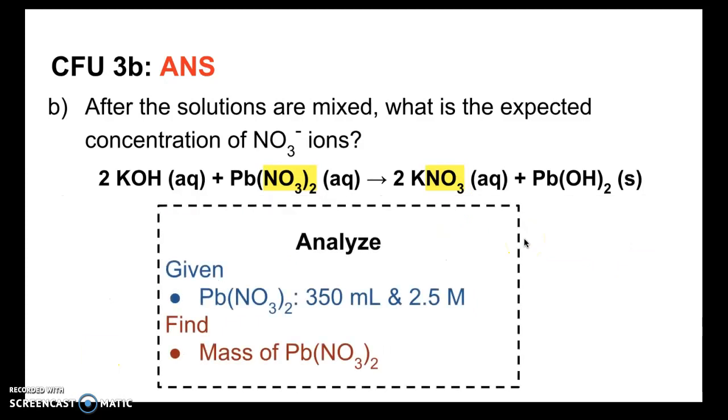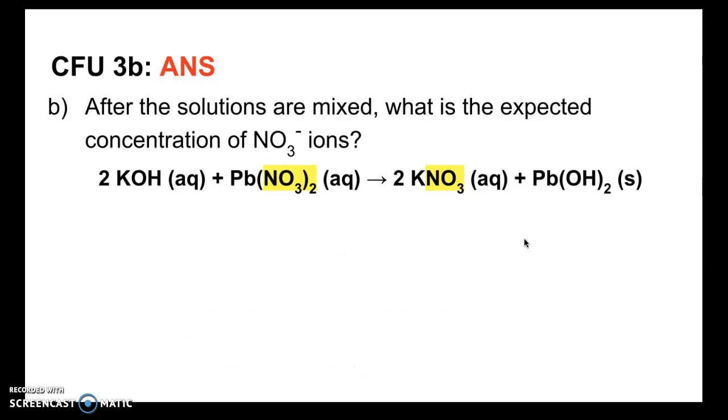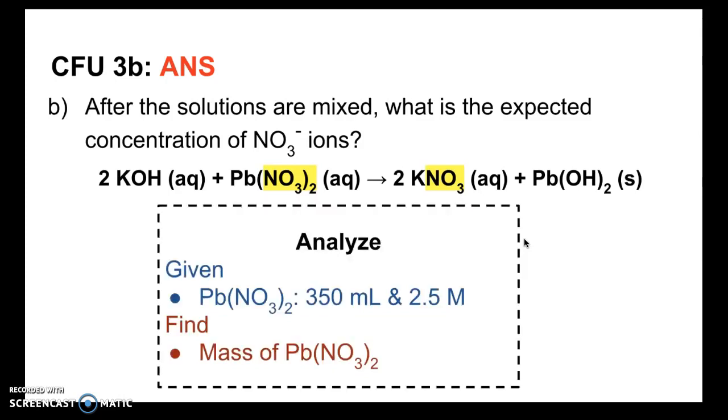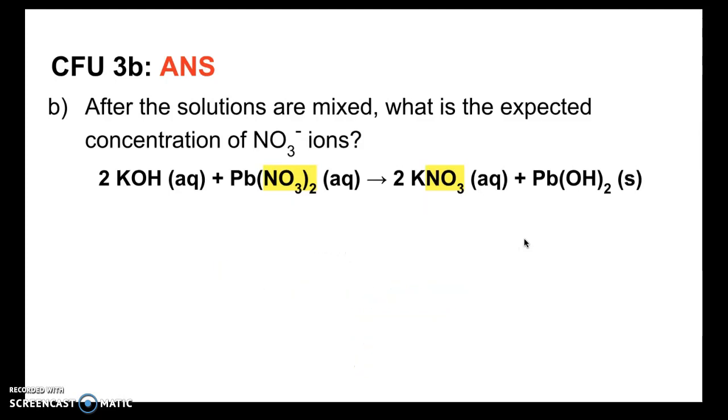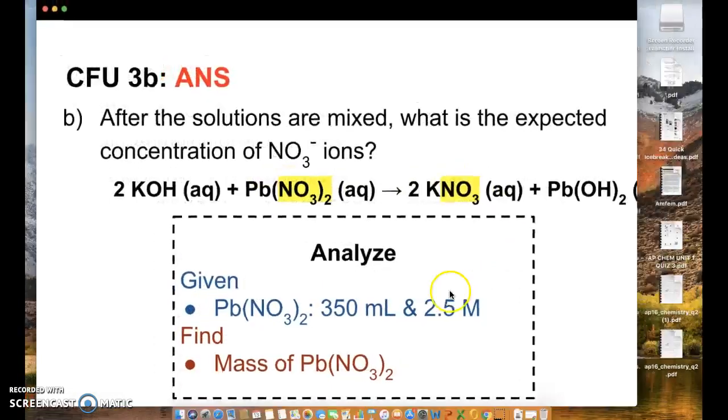And so this is the information that's relevant to me, the information for lead nitrate, and I want to go from the volume and molarity of lead nitrate to, sorry, not mass of lead nitrate, but actually the concentration of NO3 minus. So let me go ahead and change that.